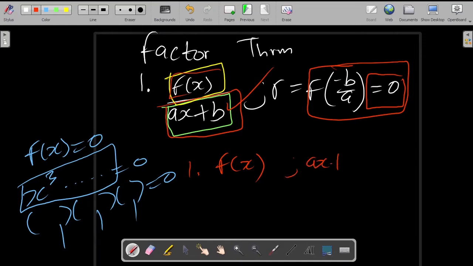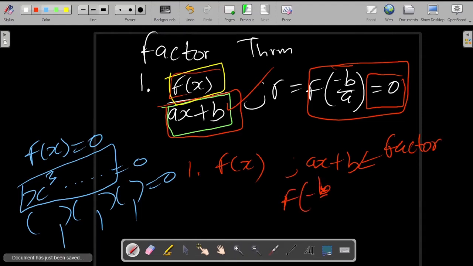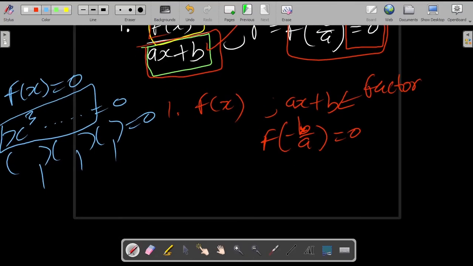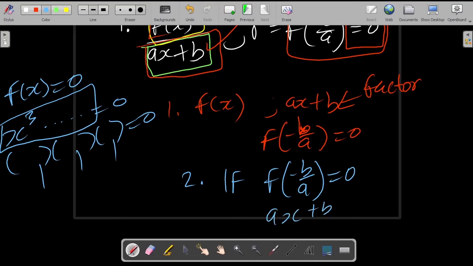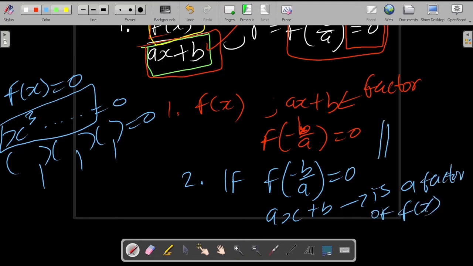And the second point says that if you compute the remainder and you find a remainder of 0, then it basically means that ax plus b is a factor of f of x. So this works in 2 ways.